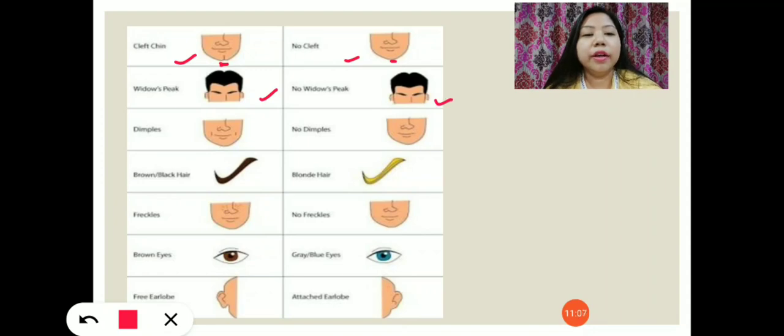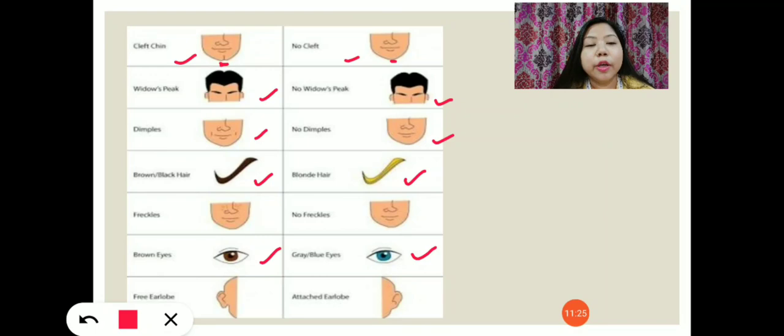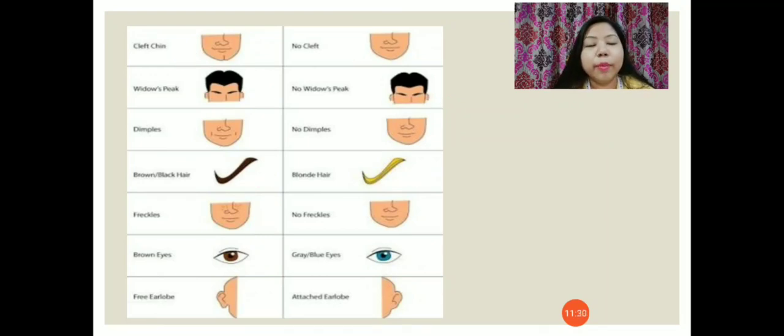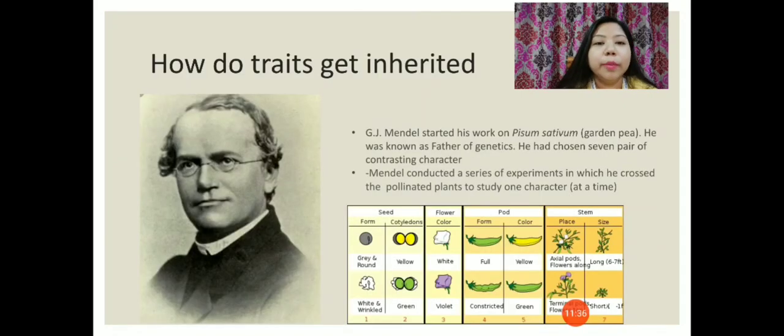There are dimples on the cheeks of some people and no dimples in a few people. The hair may be brown or black, so the color of the hair is different. The eye color is also different in different people. There are many characteristics in the human body which are not similar in all people.